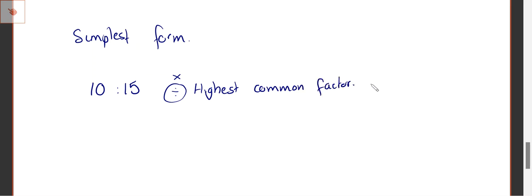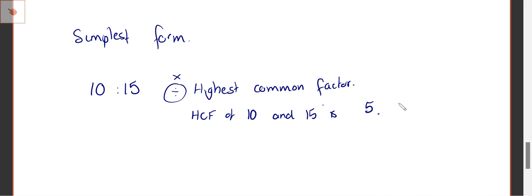So what is the highest common factor? The HCF of 10 and 15 is 5.